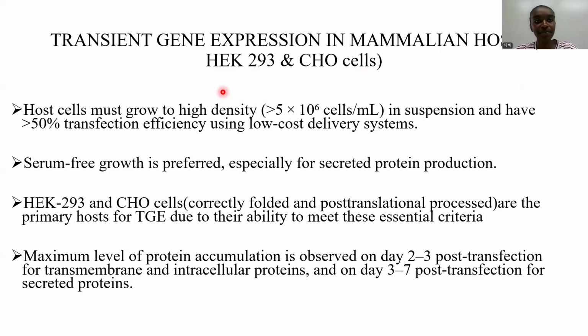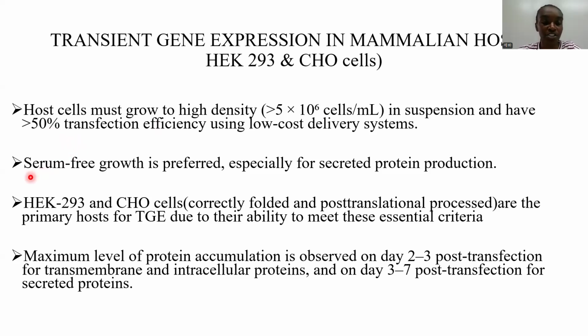And for host cells, particularly 293T and CHO cells, usually, especially in large bioreactors, they need to grow to a high cell density of greater than 5 to 10 to the power 6 cells per ml in suspension culture, and also have a transfection efficiency of greater than 50% for success in transfection and also the production of the recombinant proteins.